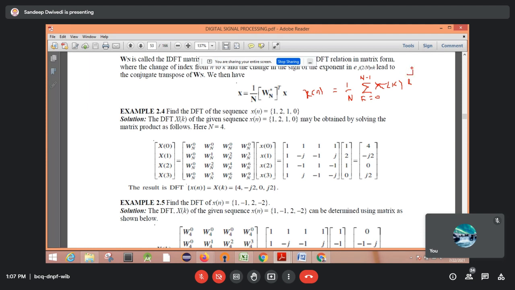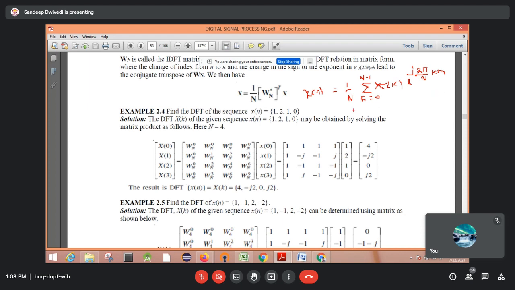It will not be minus j. For DFT it is minus j, but for IDFT it will be only j. So j 2 pi upon capital N into kn. So this is the formula of the IDFT.